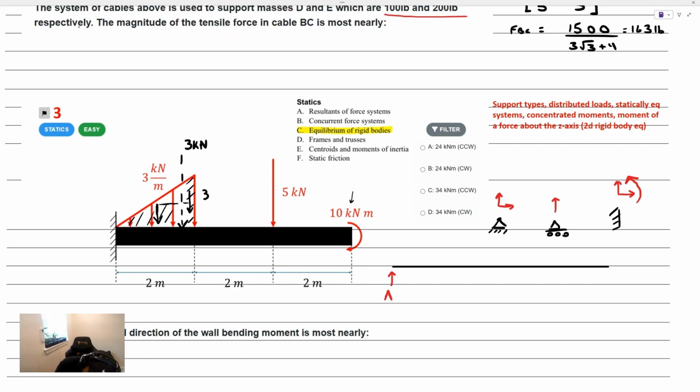There'll be a reaction force in the y direction, a reaction force in the x direction, and I'm seeing all of these forces are clockwise. And the concentrated moment is clockwise as well, so I'd expect the wall bending moment to be counterclockwise here. This would be the moment at the left wall A.